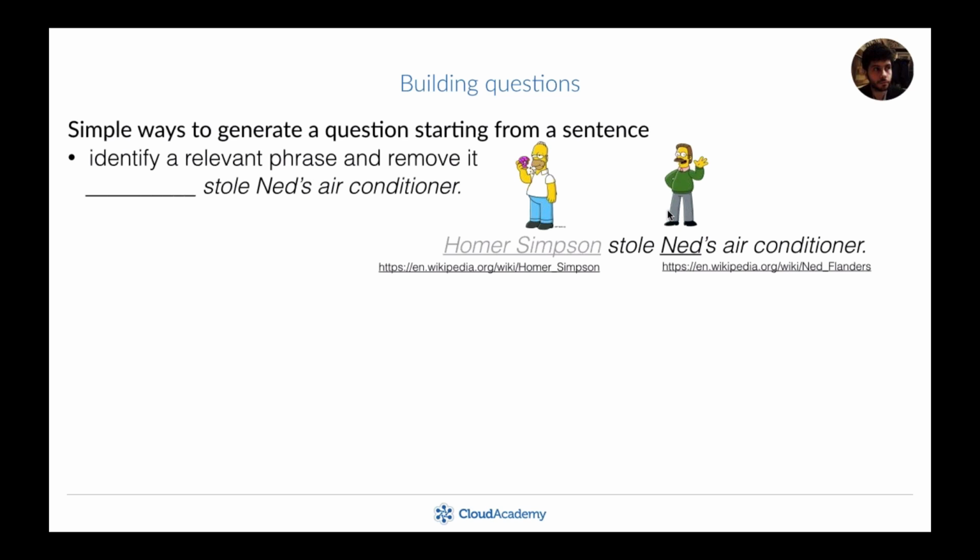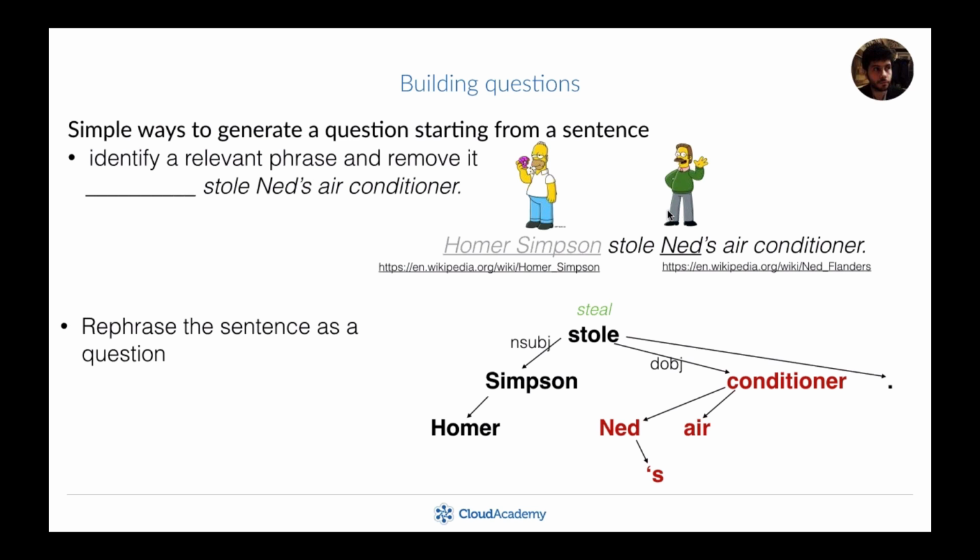Another, maybe less colorful but more interesting way is to use the syntax tree of the sentence, the one we have just shown, in a similar way. So thanks to the syntax analysis, you get the information of which tokens depend on which inside the sentence.